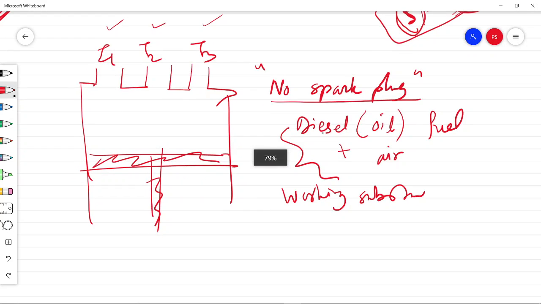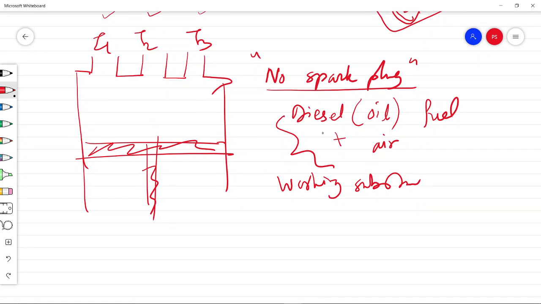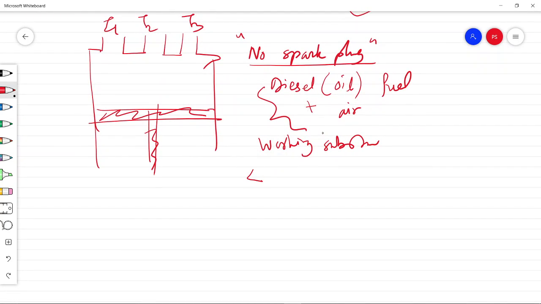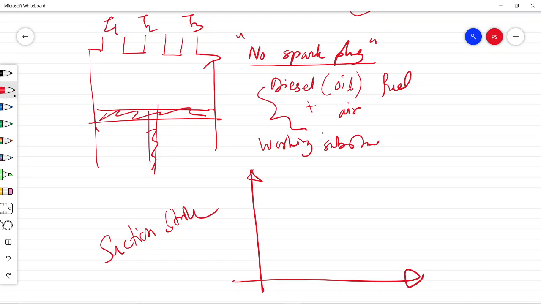Again, if we look at the process, the first step is exactly similar to that of the petrol engine on a PV diagram. The suction stroke causes the gas to enter through the inlet valve I1. So let us call it E to A. So it sucks the required amount of fuel and air inside the cylinder.